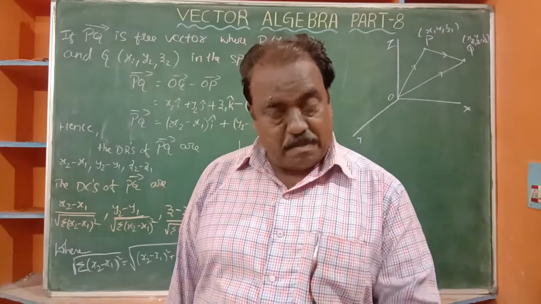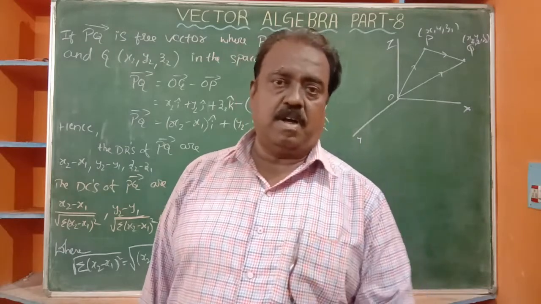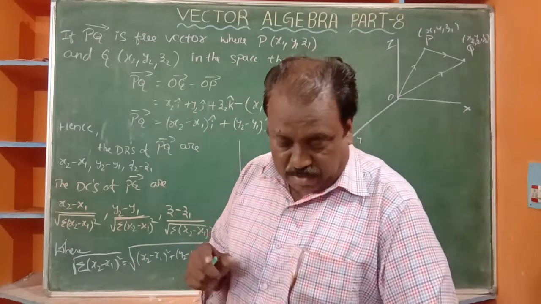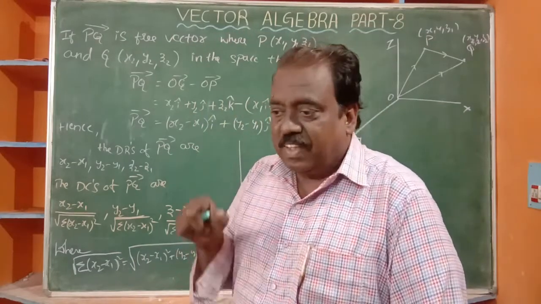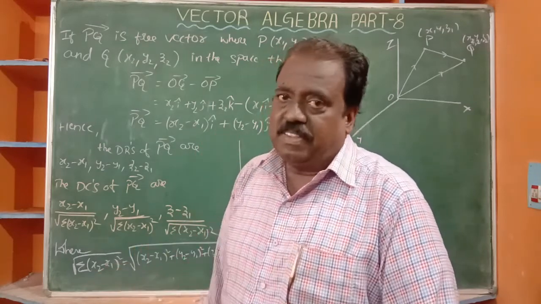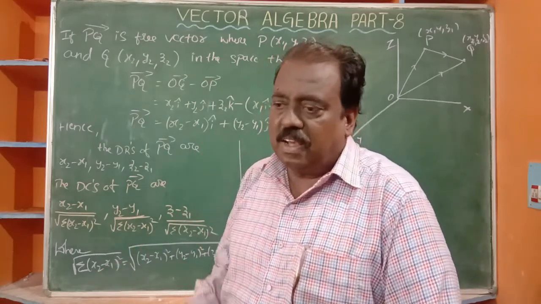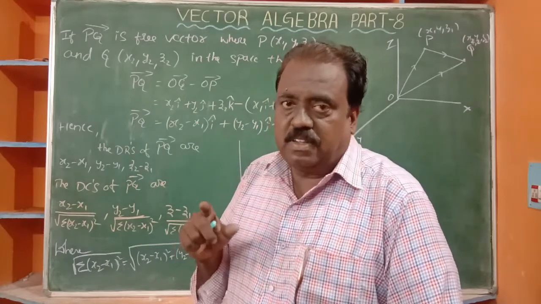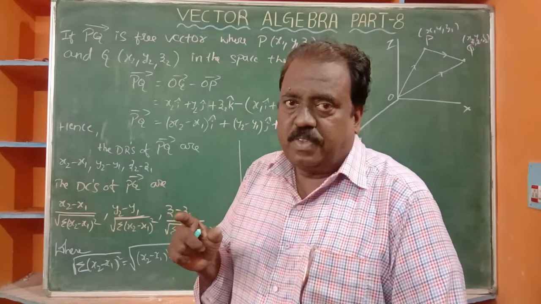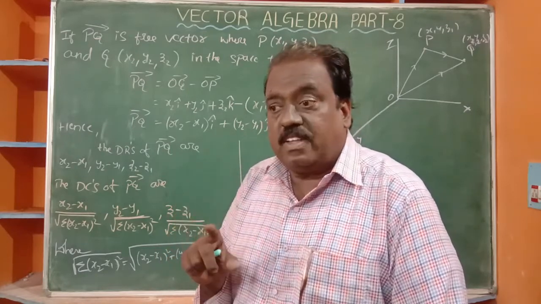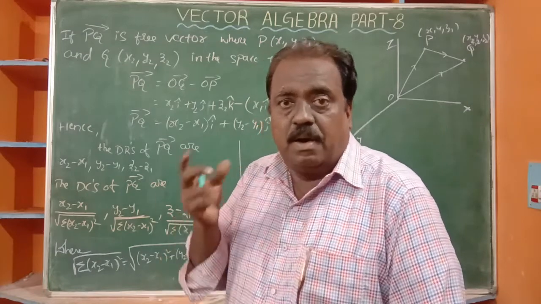Mind it, I am repeating that same concept many times. Why? Because it is very important. Those concepts are not related to the vector concept; they are related to three dimensions. That is the problem. In the last video, I talked about three dimensions. DRs, okay. Direction cosines are somewhat different from the DRs.